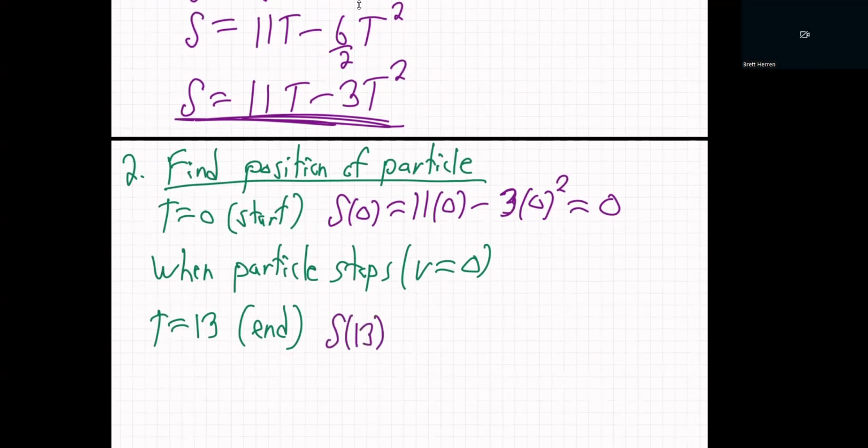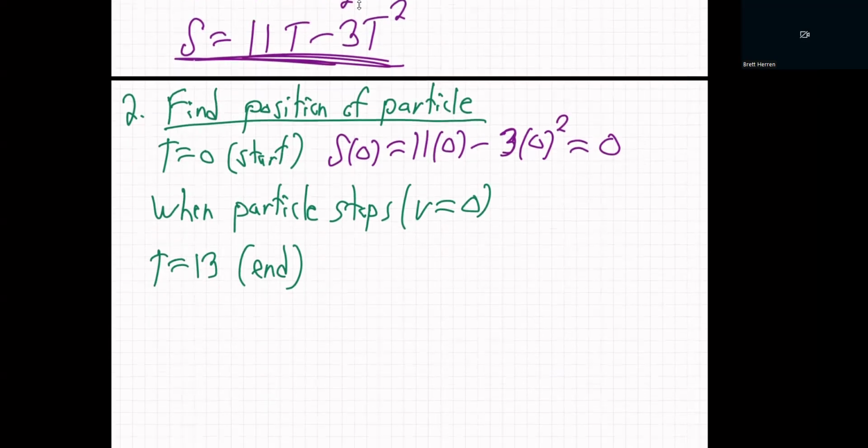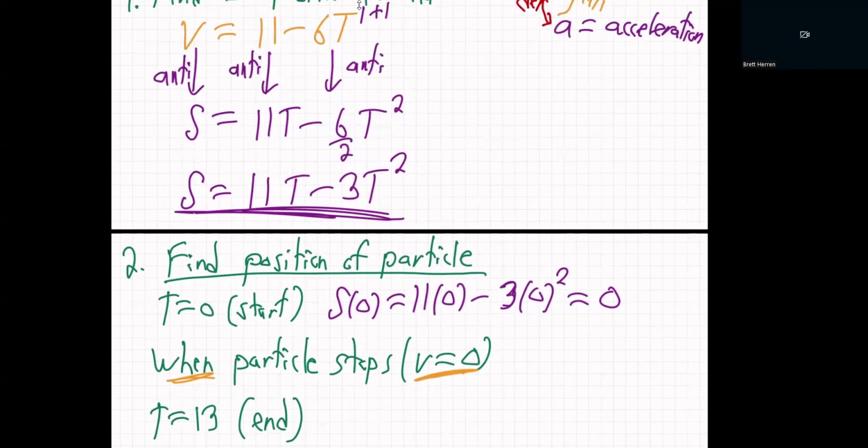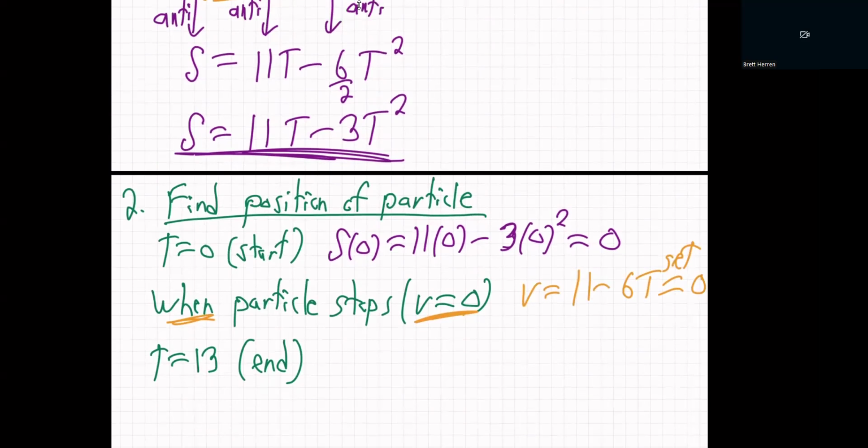In between, we have to find when the velocity is 0. You take the velocity equation, 11 minus 6t, and set it equal to 0.